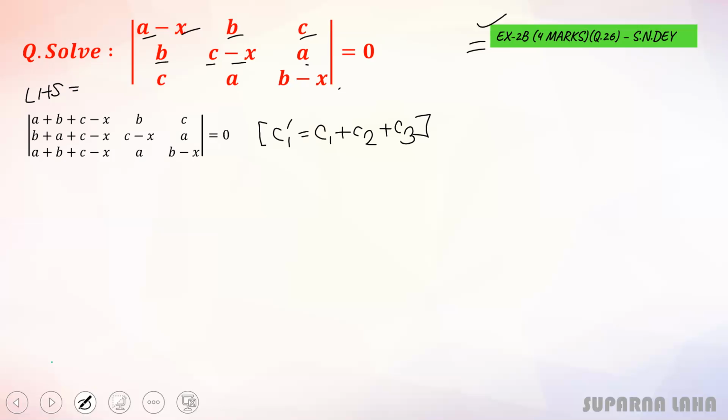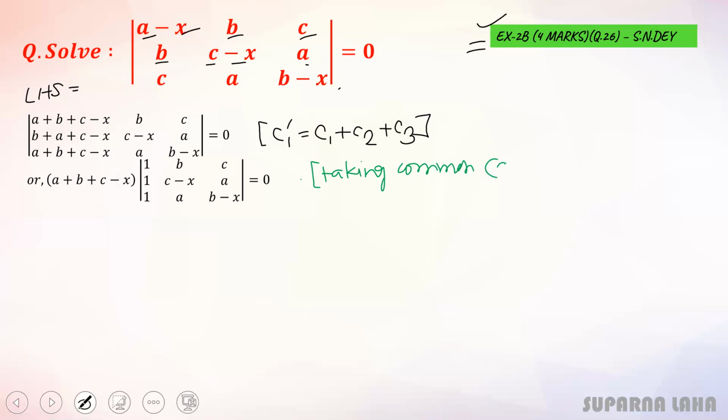Now take common a plus b plus c minus x from C1. So from the first column we are taking common a plus b plus c minus x.